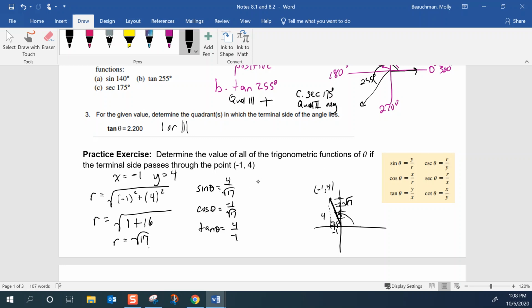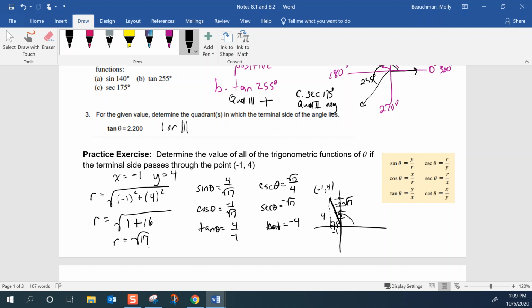Now the reciprocal functions, the cosecant is going to be the reciprocal of the sine, square root of 17 over 4. Secant is reciprocal of cosine, so that's going to be the square root of 17 over negative 1, or negative square root of 17. The cotangent is the reciprocal of the tangent, which will be negative 1/4.